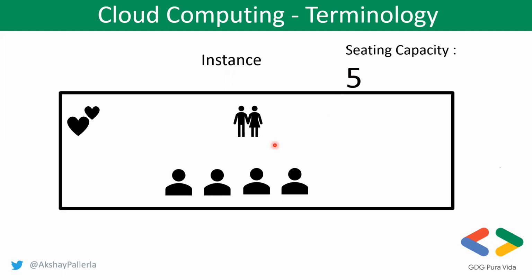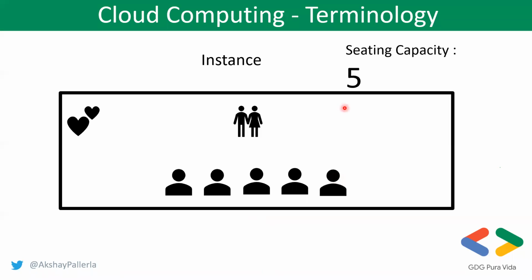Now, let's say there is another guest who is planning to visit this wedding. Of course, we can't stop him, right? After all, they're guests, so we have to host them. I will allow him, right? Now, another instance has been added to witness this wedding, correct?